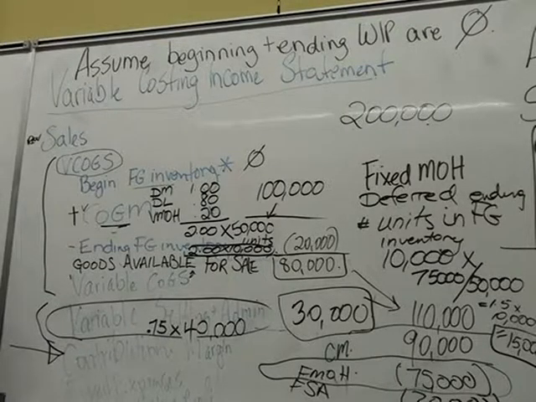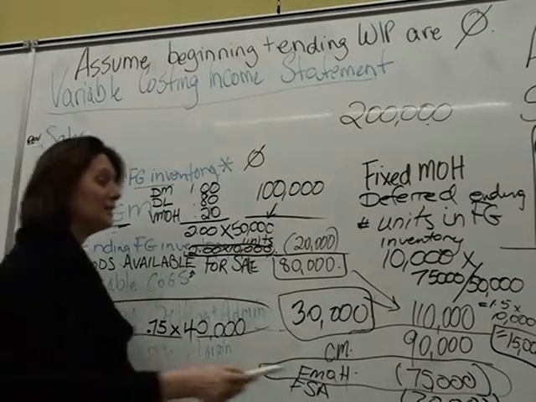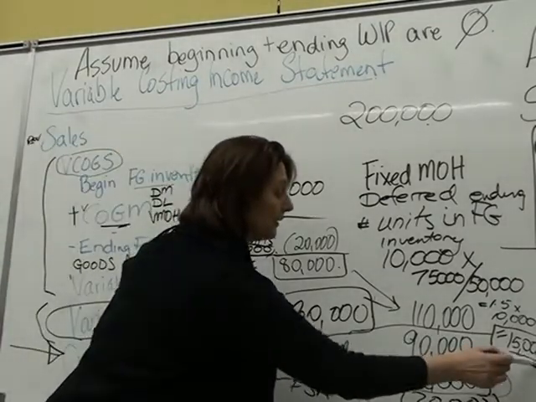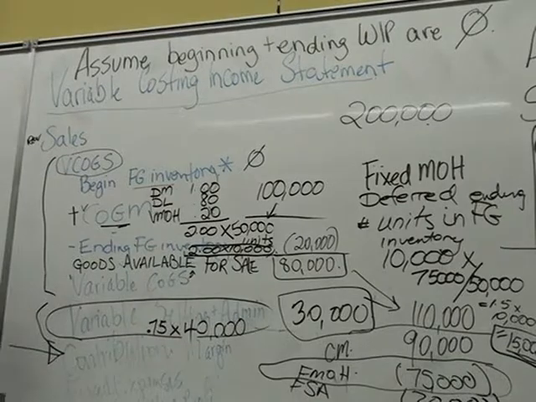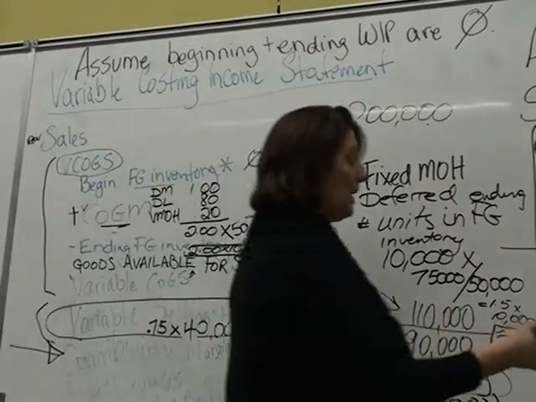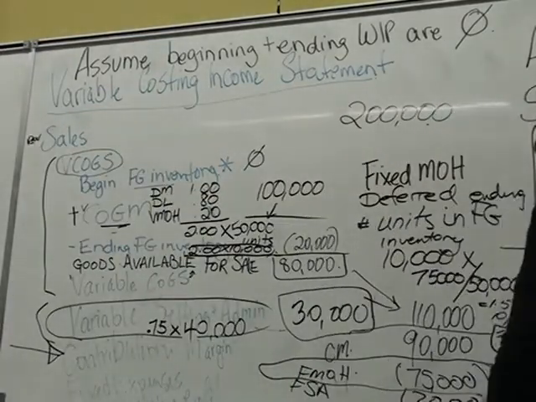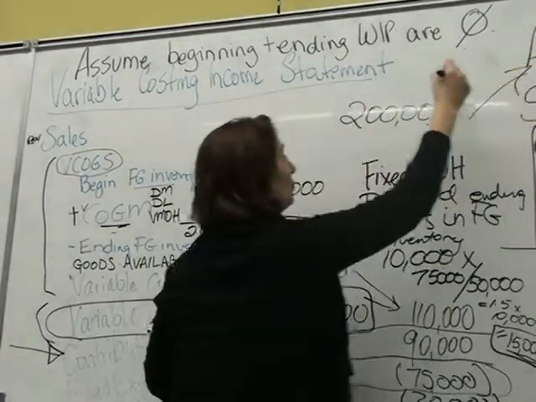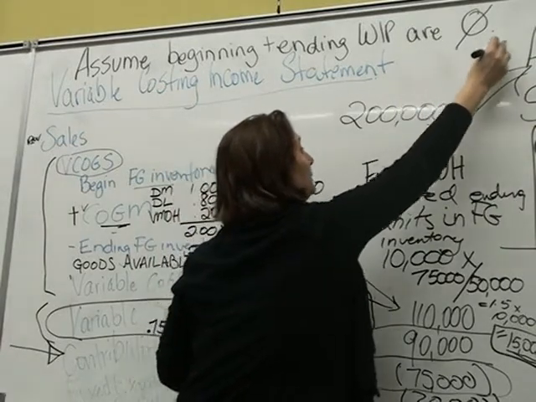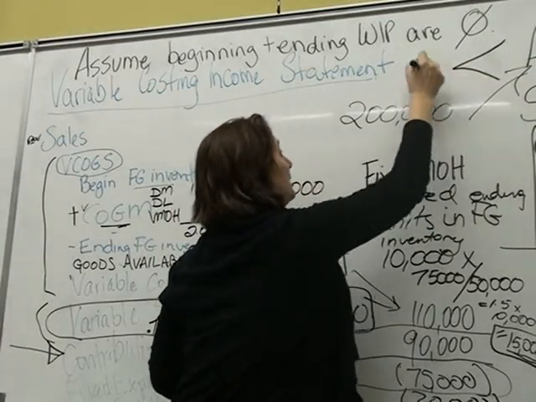Higher, because we are not expensing this 15,000 in the month of February because we didn't sell those things. So absorption costing will be higher by 15,000.